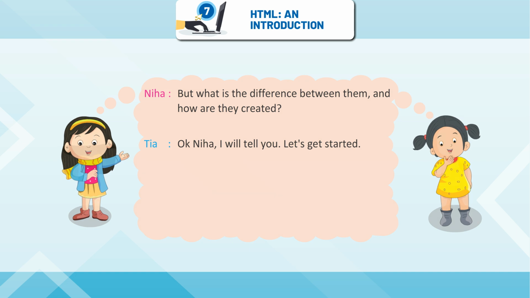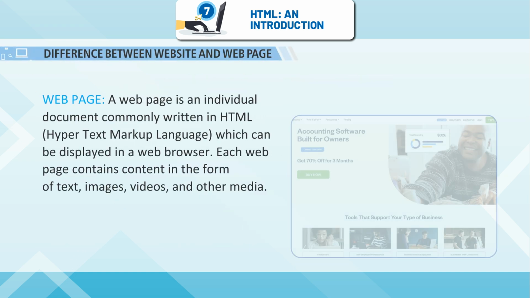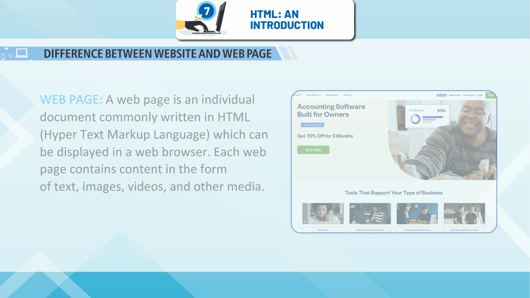Let's get started. Difference between website and web page. Web page: A web page is an individual document commonly written in HTML, Hypertext Markup Language, which can be displayed in a web browser. Each web page contains content in the form of text, images, videos, and other media.